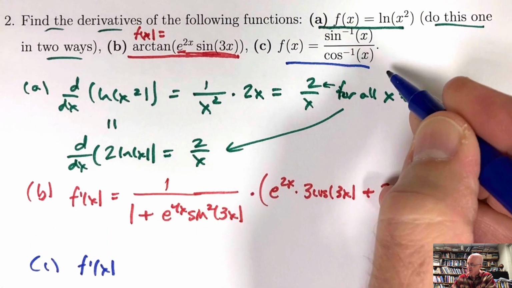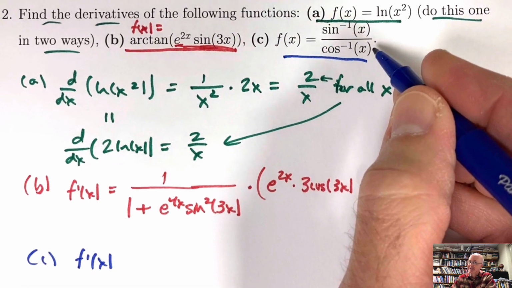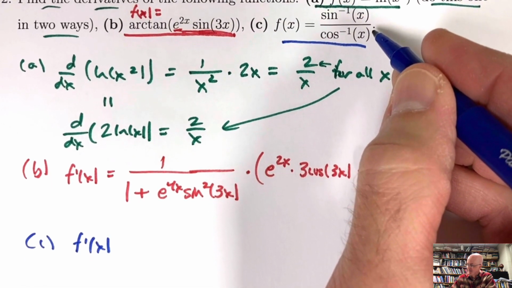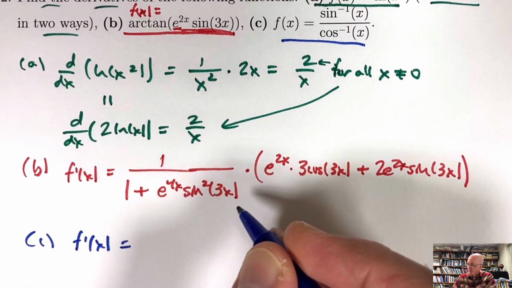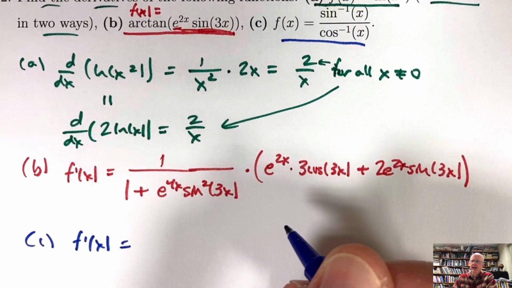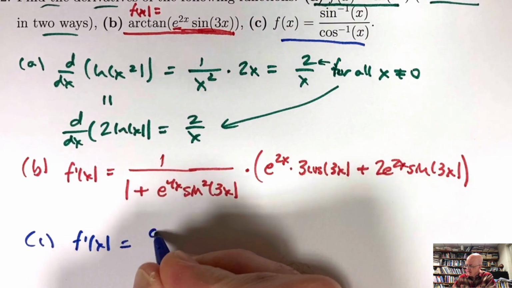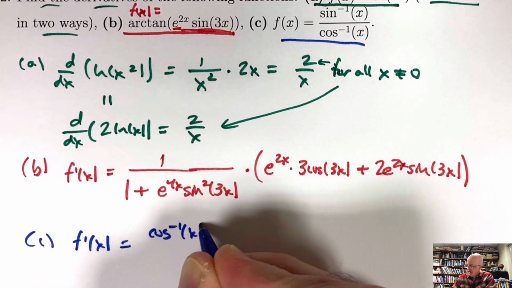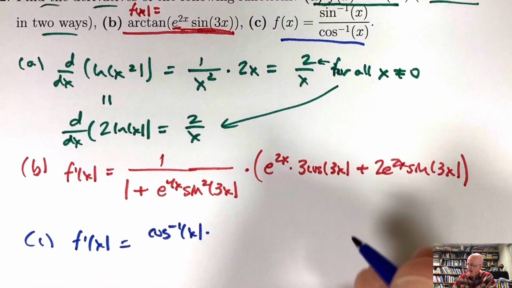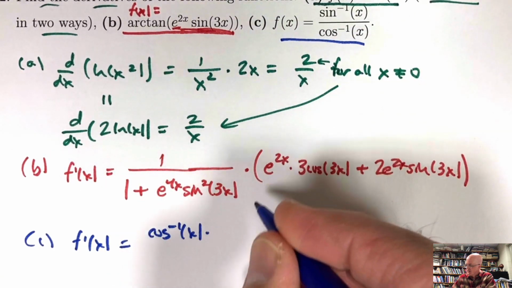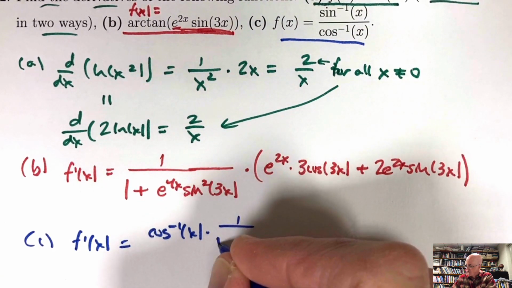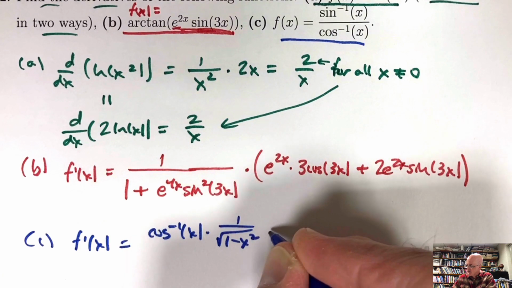That is a quotient of two functions. I need the quotient rule. It does not equal inverse tangent of x. Need the quotient rule. Low d high minus high d low over the square of what's below. Low, inverse cosine of x. D high means the derivative of the top, the high function. The derivative of inverse sine of x is 1 over square root of 1 minus x squared, like we just saw.